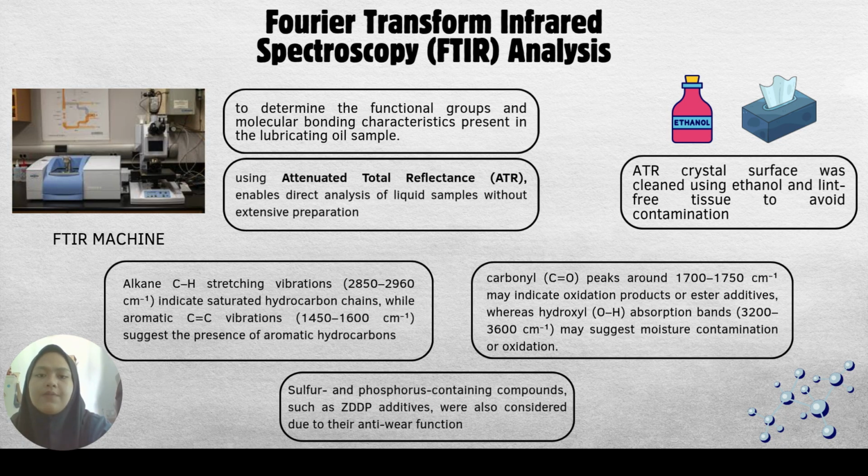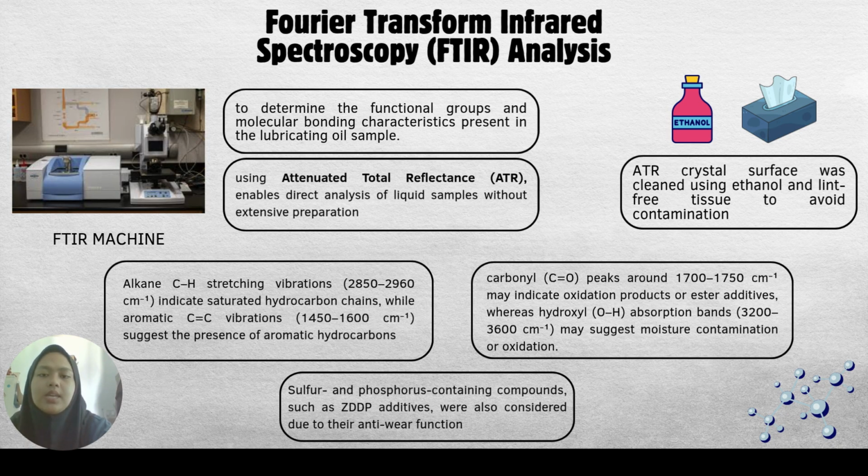Alkane C-H stretching vibrations at 2,850 to 2,960 cm⁻¹ indicate saturated hydrocarbon chains, while aromatic C=C vibrations at 1450-1600 cm⁻¹ suggest the presence of aromatic hydrocarbons.